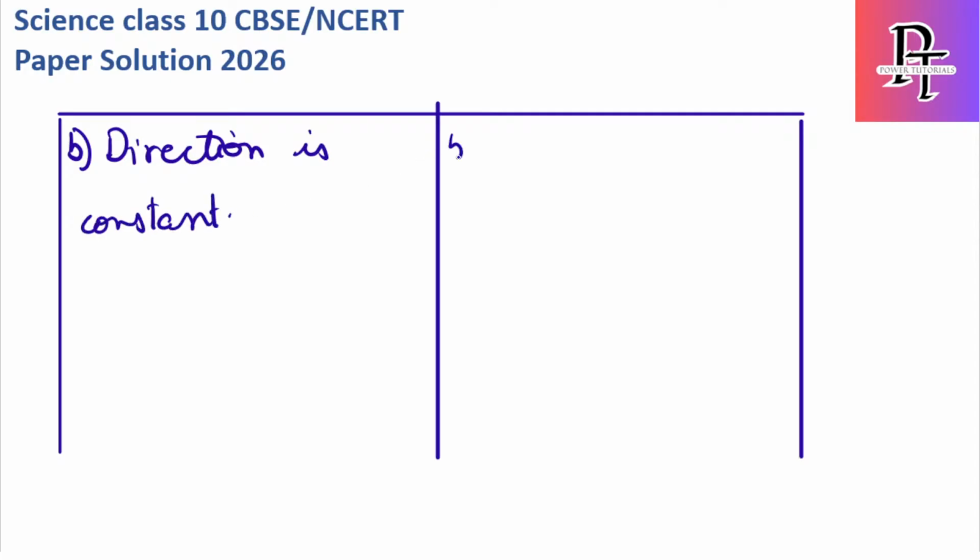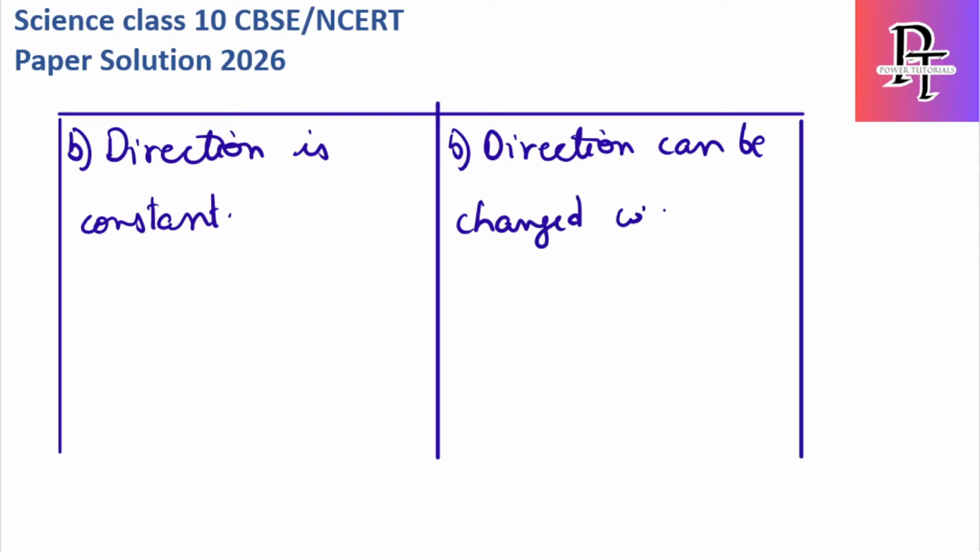Here, for the solenoid, direction can be changed with respect to current direction. If the current is opposite, then using Maxwell's law I can say the magnetic field changes. If the current is again in the opposite direction, again the magnetic field changes.